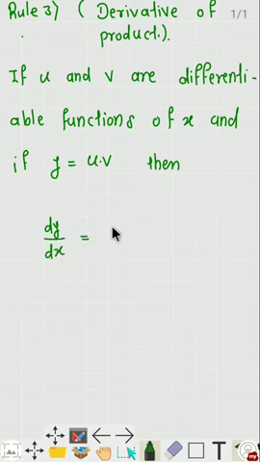And the rule is, let us call this the first function, let us call this the second function.